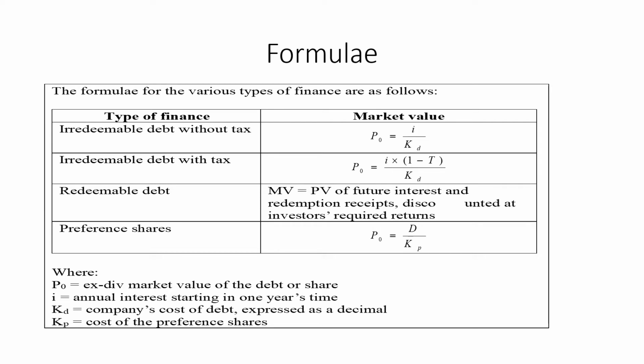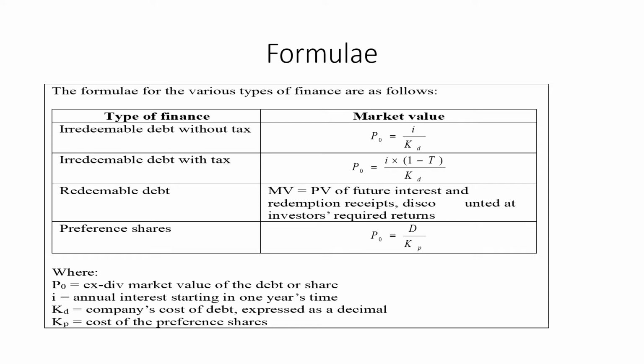There are two different kinds of redeemable debts. One is discount debt, the discount bond. That is the kind of bond which will be issued at a lower price, and when it matures, it will give you 100% of its face value. Then the second one is your non-zero coupon bond.